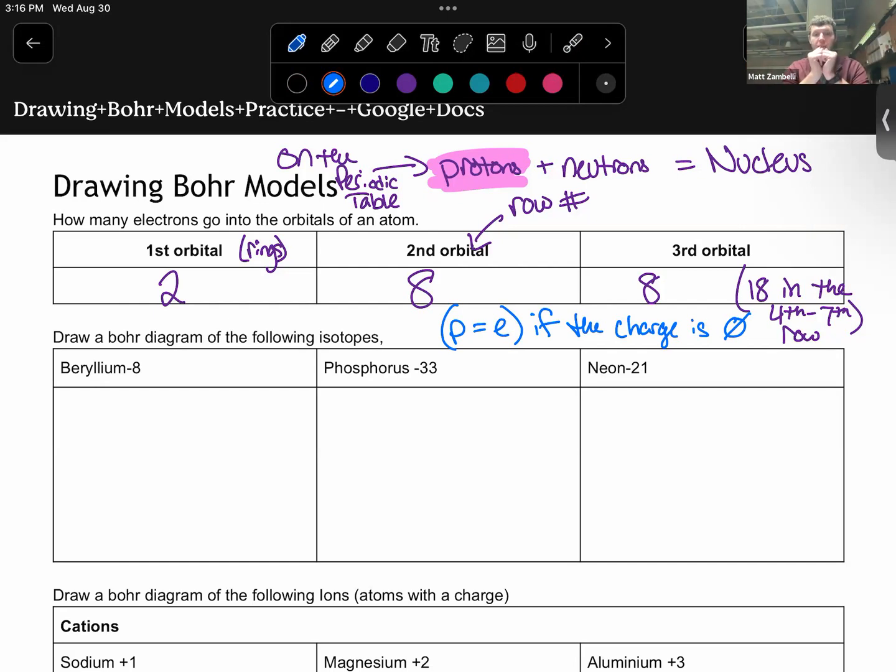They have to be the same because our charge is equal to our protons minus our electrons. So if our charge is 0, our protons should equal our electrons so that they add up to 0. The next thing we need to know is isotopes just mean elements with different masses.